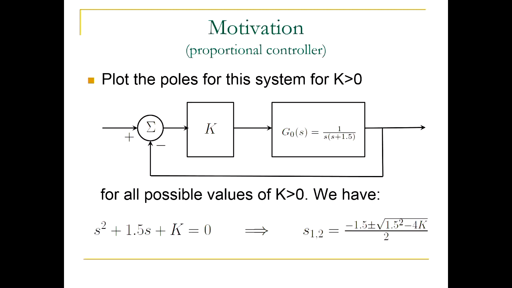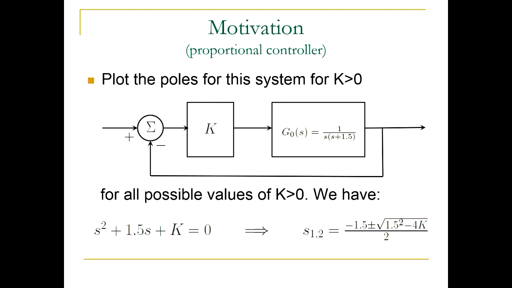Let's look at a simple example. So what I'm now doing is I'm specifying the plant transfer function to be something very specific. So the open loop transfer function has a pole at 0 and has a pole at minus 1.5. And I want to now plot how closed loop poles change as a function of k.